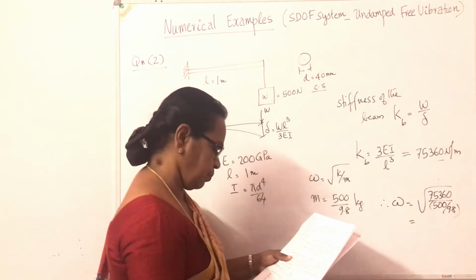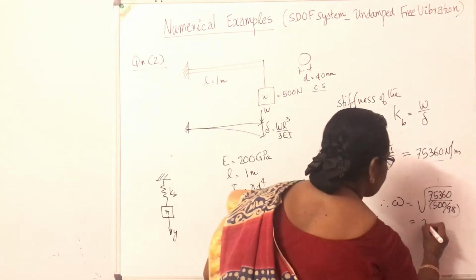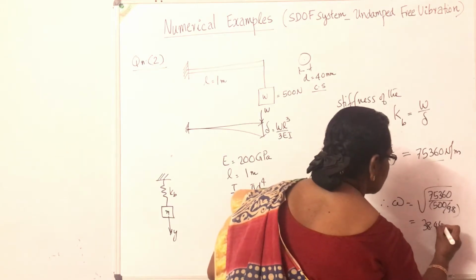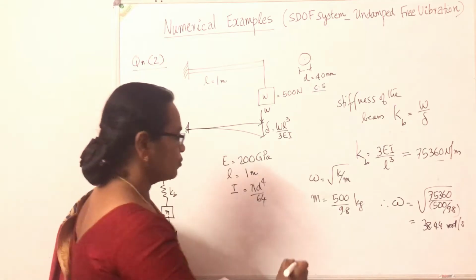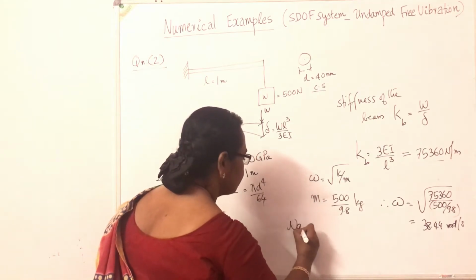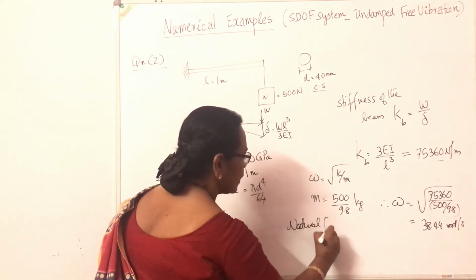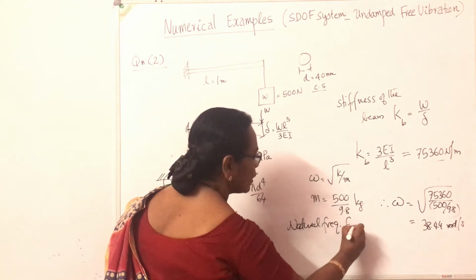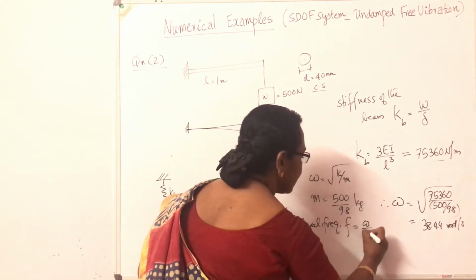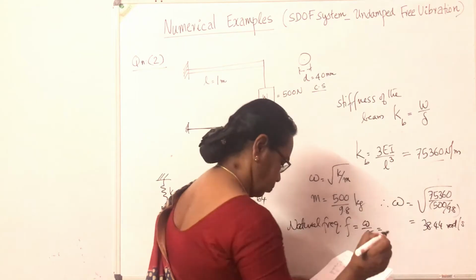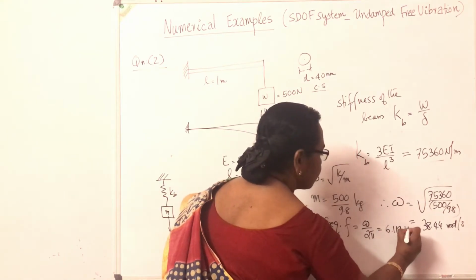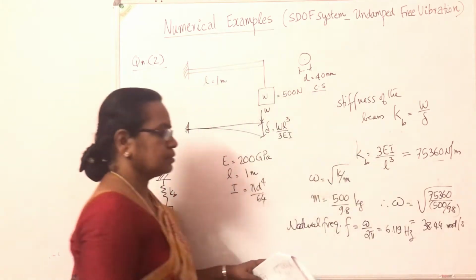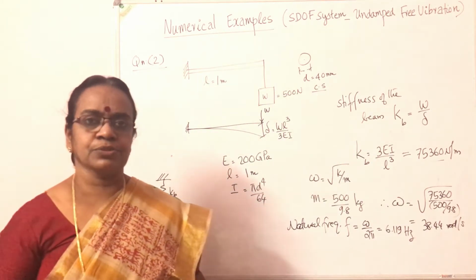It works out to 38.44 radian per second. Therefore, the natural frequency f is equal to omega by 2 pi, 6.119 hertz. This is the first part of the question.